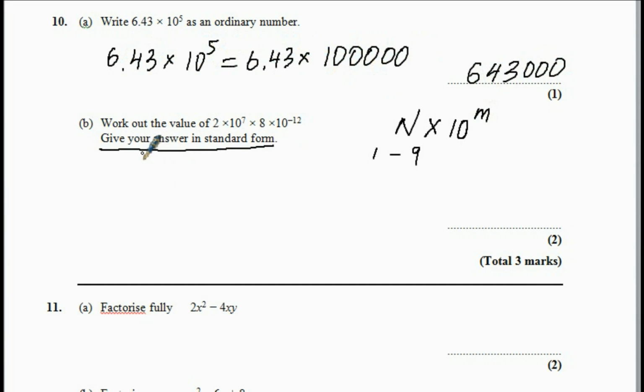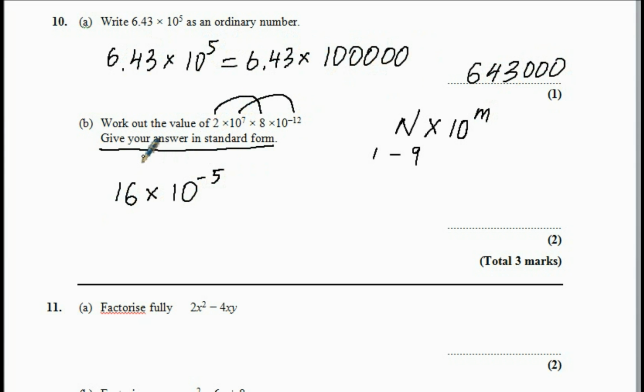And now we need to work with this calculation to present it in standard form. So first we will multiply numbers. 2 times 8 is 16, times 10 to the power of 7 and minus 12. When you add 7 and minus 12, you are getting minus 5.